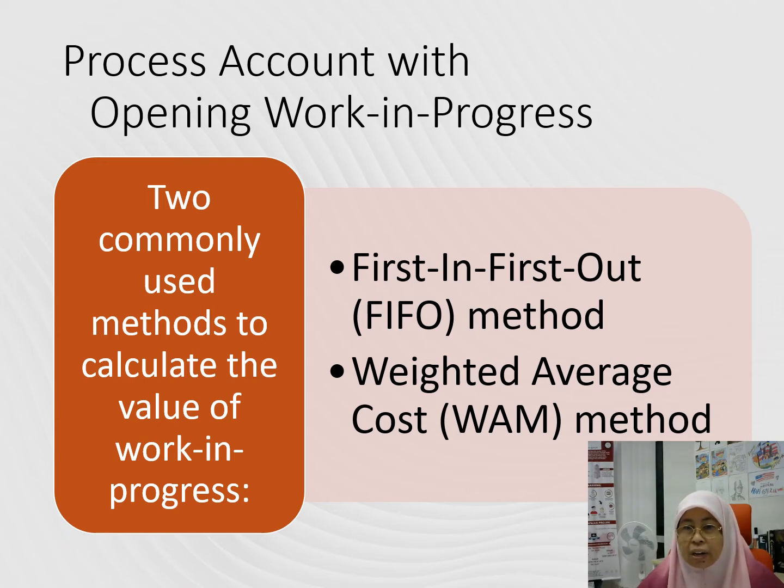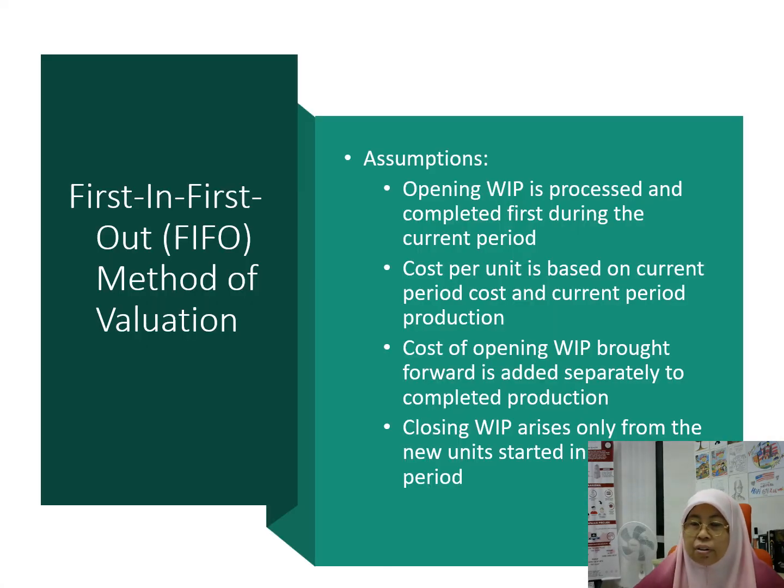Now, the process account when there is opening work in progress. There are two methods commonly used to calculate the value of work in progress, whether OWIP or CWIP: the FIFO method and the average method. For FIFO, first in, first out, we assume that the opening work in progress is processed and completed first during the current period.